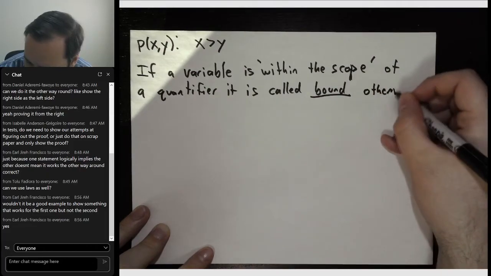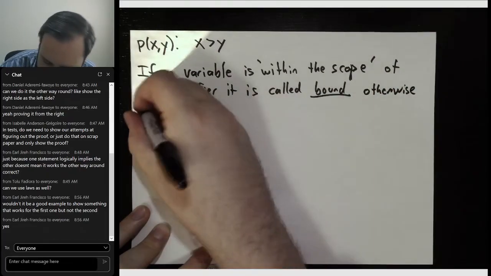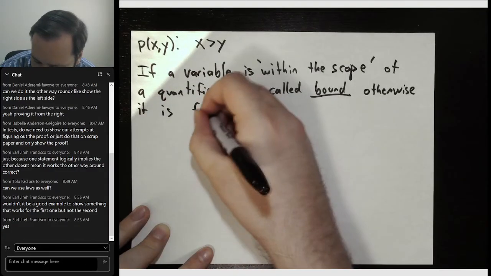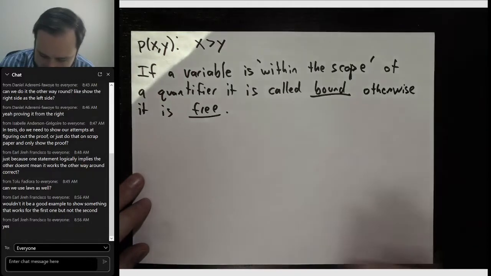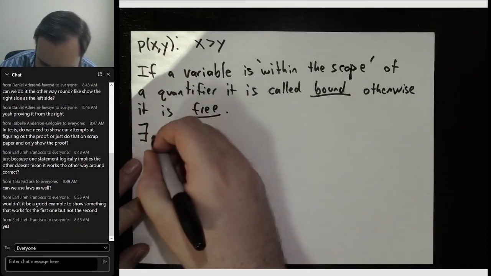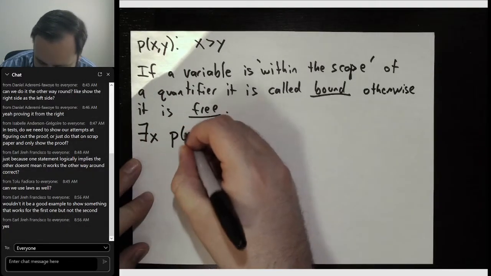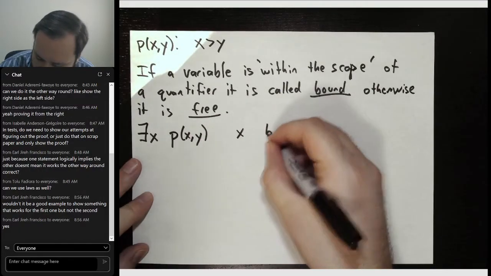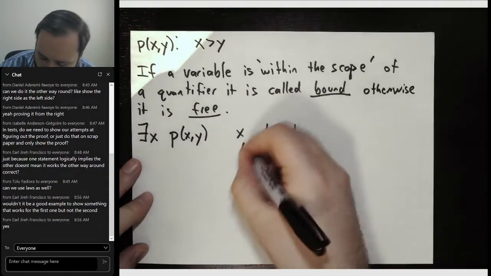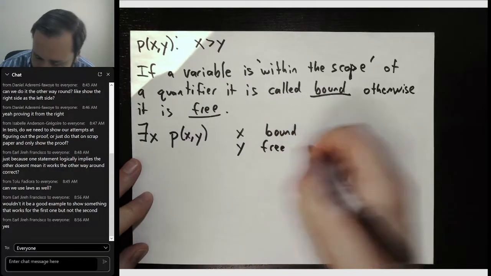Otherwise, it is free. So if I write there exists x, p of xy, x is a bound variable, y is a free variable.